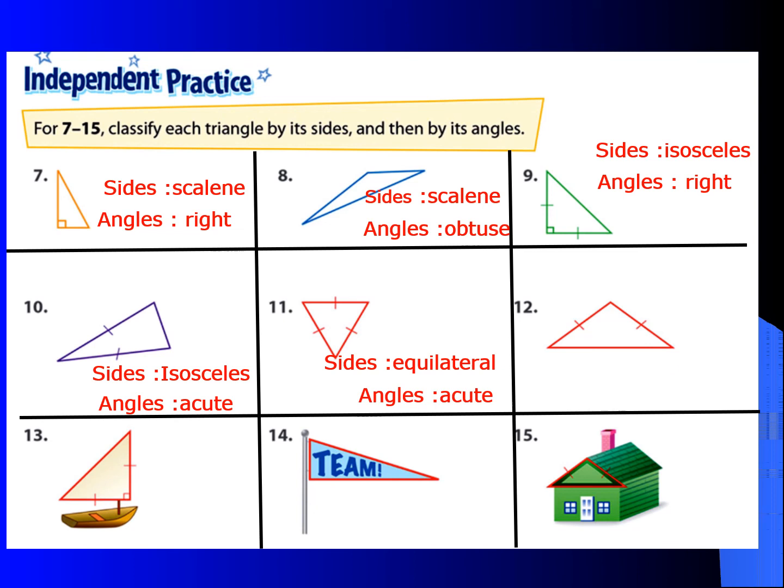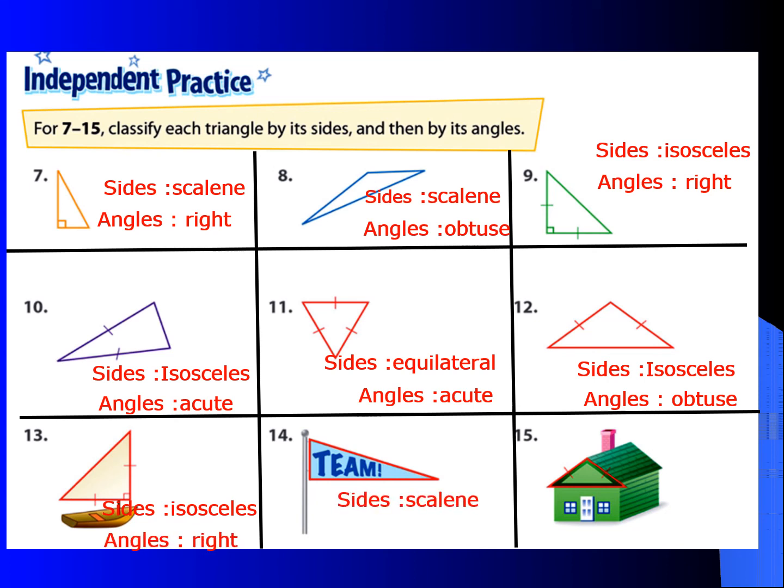Question 12 will be isosceles and obtuse. Question 13 will be, of course, isosceles and right. Question 14 will be scalene and right, of course. Question 15, there are two sides that are the same, so it will be isosceles and obtuse, because the upper angle here is going to be an obtuse angle.